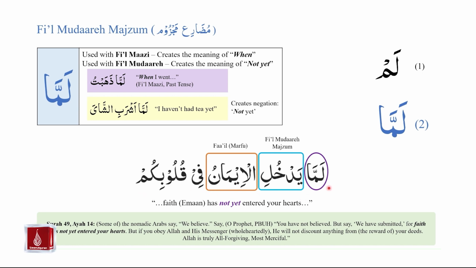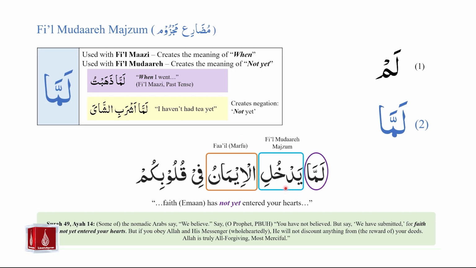Here we see the use of lamma. Lamma is followed by yadkhuli. Yadkhuli was originally yadkhul, and yadkhul is fi'il mudari majzoom. It is fi'il mudari majzoom because of the effect of lamma. And al-imanu is fa'il because it is marfu.